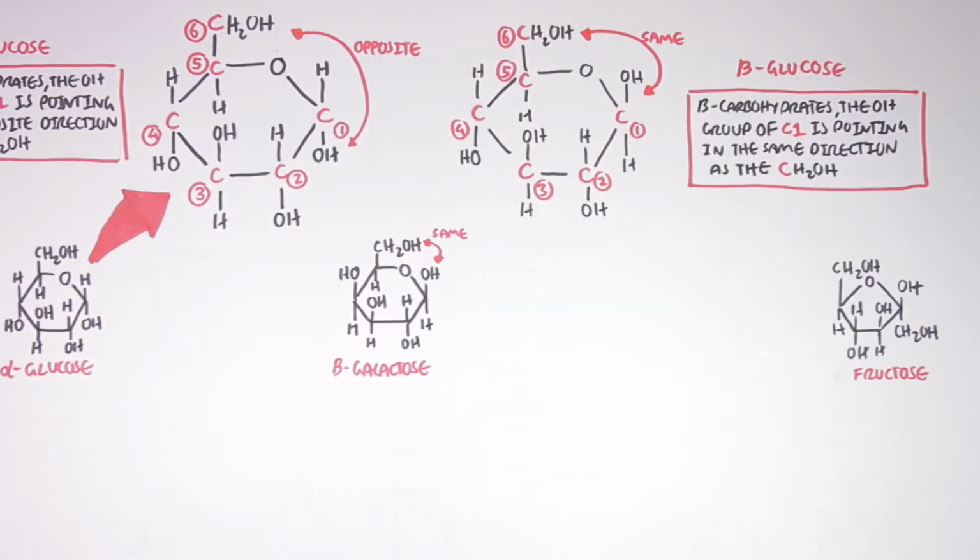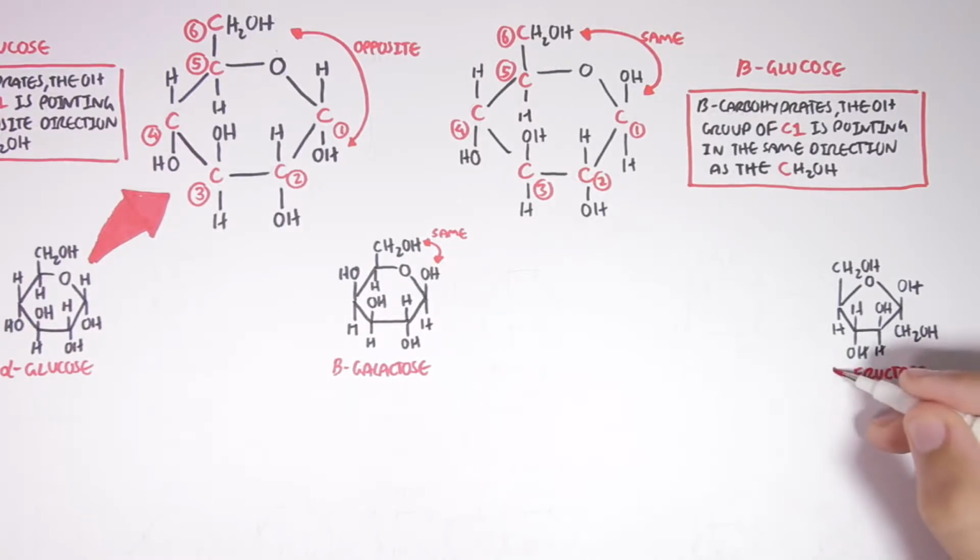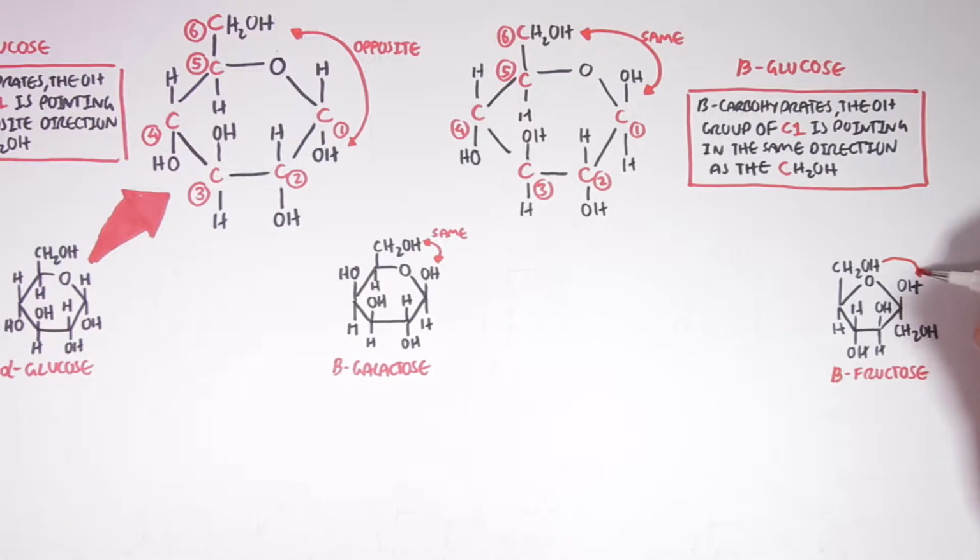Similarly, this fructose here is in a beta configuration, so it's a beta fructose because the hydroxyl group here is pointing in the same direction as carbon number 6. So I hope you understood the structure of the 3 major monosaccharides in the human diet.